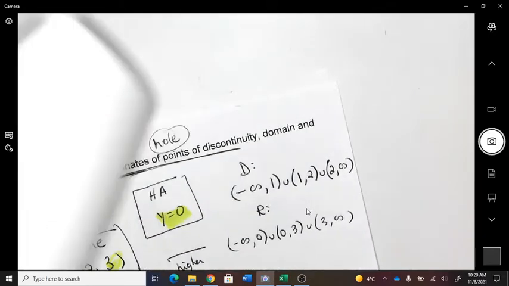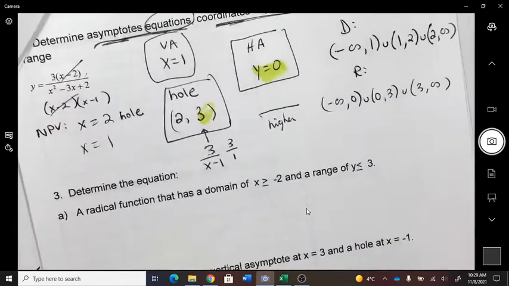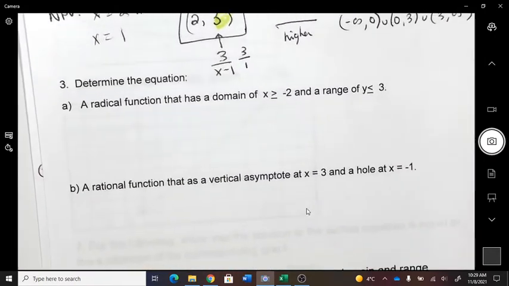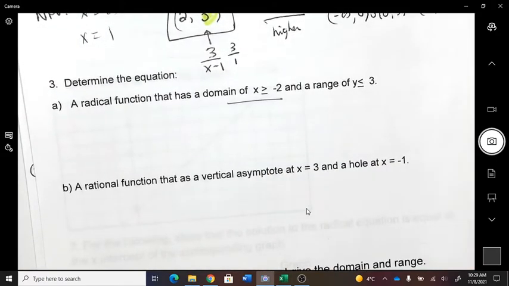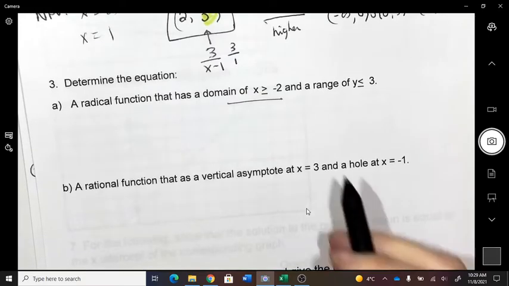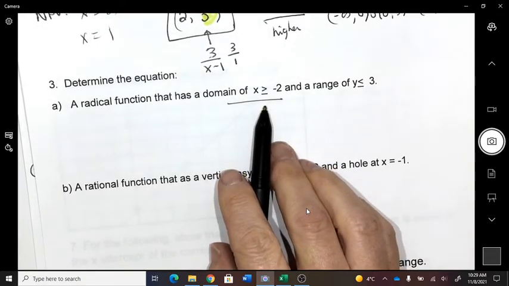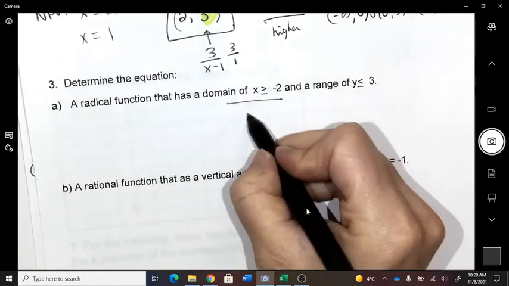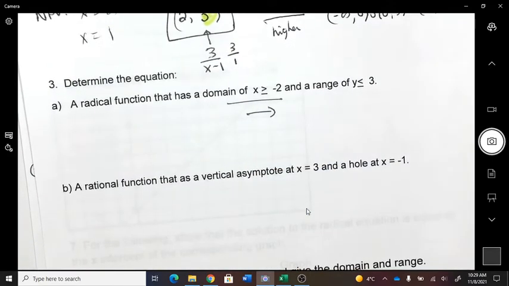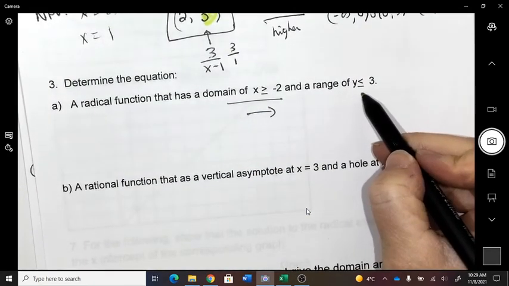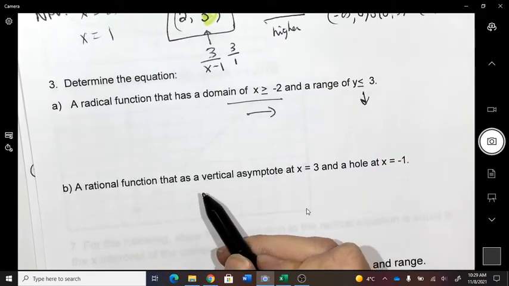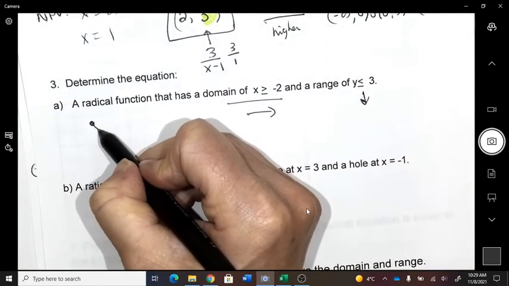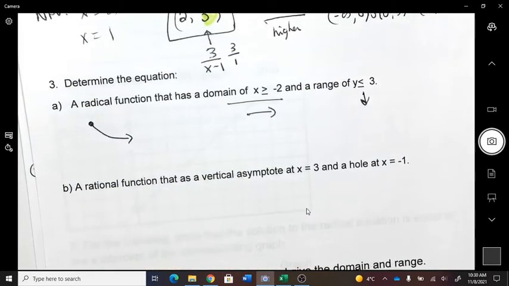Let's talk about radical stuff. Okay, domain. Tell me if you're heading rightward or leftward there. If you're bigger than or equal to, which direction are you going? You're going right. Are you going up or down? Down. So I'm going right and down.